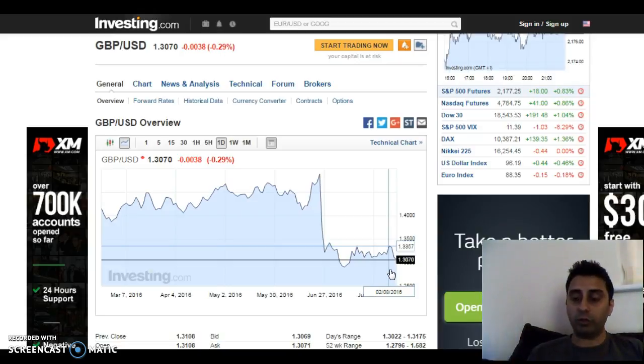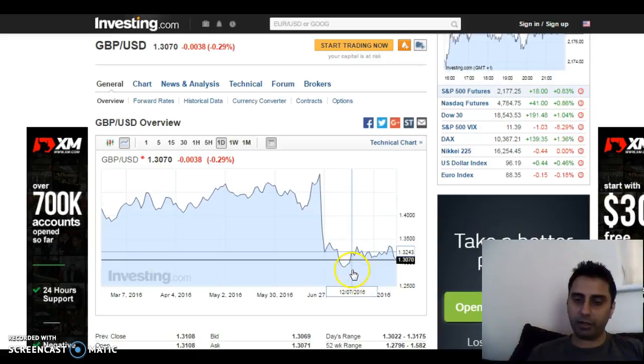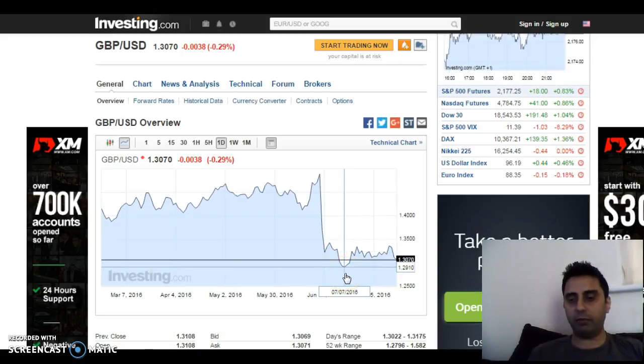It's going to test new lows, and then when the demand for selling the pound becomes minimal, and the demand for buying the pound becomes greater, these levels that it's testing will effectively become new supply and demand, support and resistance levels.